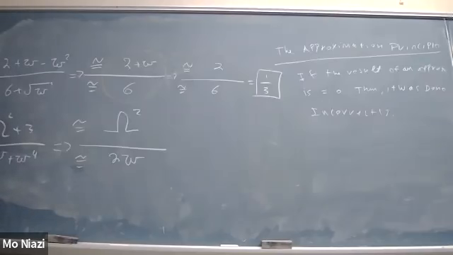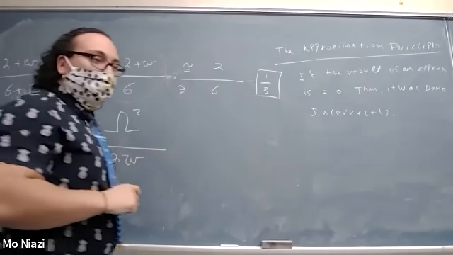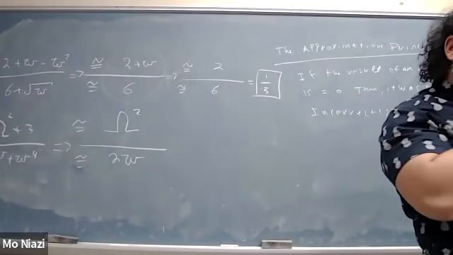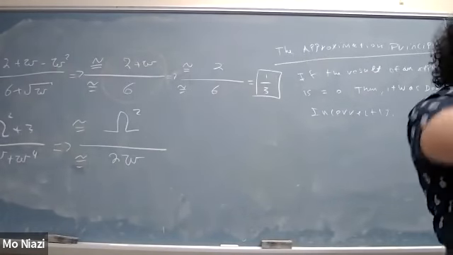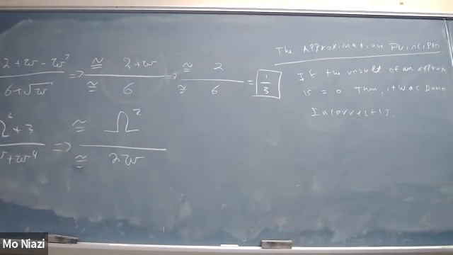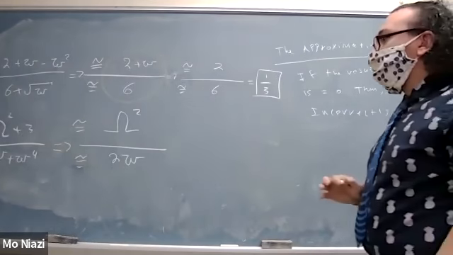Wouldn't that just be capital omega squared? Or no? Say what? I said, would that be just capital omega squared? Or you would just leave it like that?